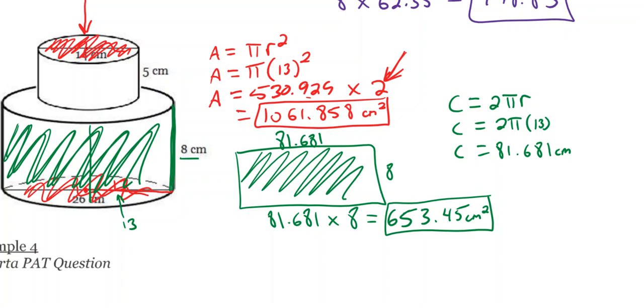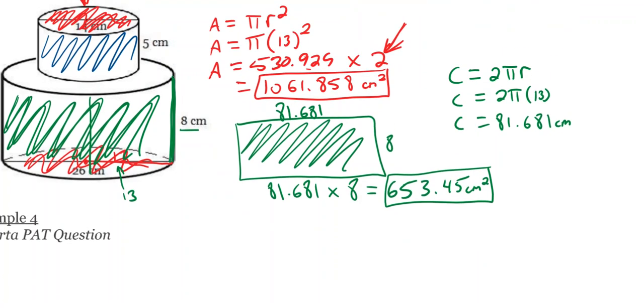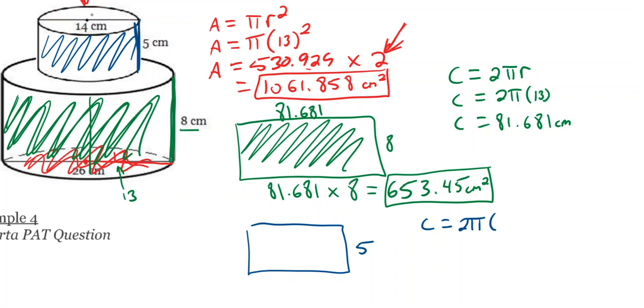Okay, one more. Now we just do the same thing with that face. I'll draw it in the rectangle so that we know what we're dealing with. The up and down part of this is 5, so that's the height of that one. The circumference is 2 times pi times the radius. The diameter was 14, so the radius is 7.